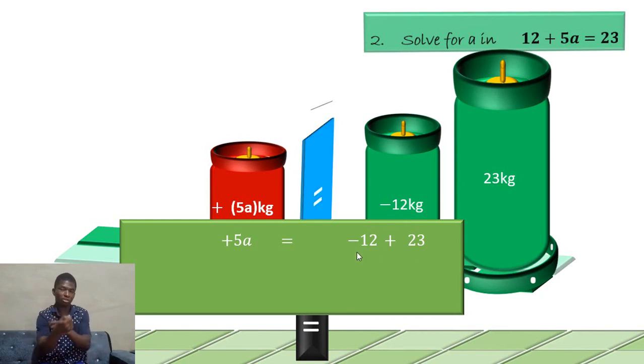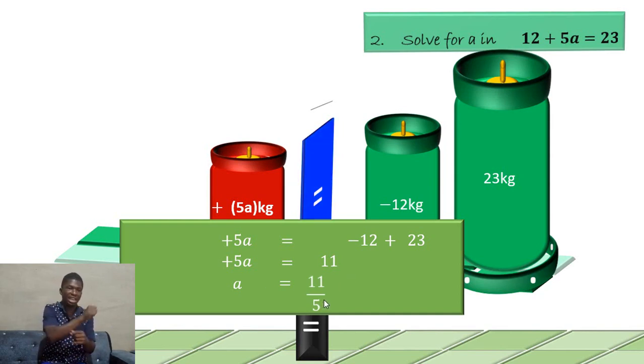So this is 5a equals, when you simplify this, what do you have? You have 11. So our a will now be equal to 11 divided by what? Divide both sides by 5. So you have a equal to 11 over 5. I believe that's understood.